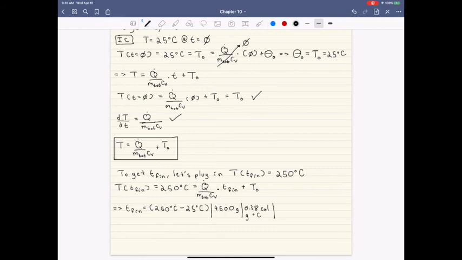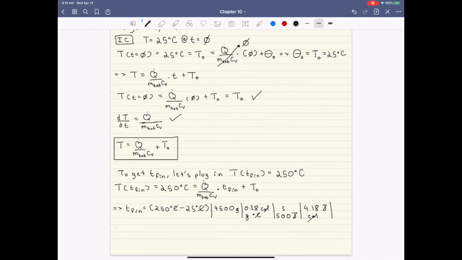And the heat rate as well, which was 500 watts, or otherwise known as 500 joules per second. And then I'll also convert at least the joules per second into calories per second. 4.18 joules per calorie. And so the units cancel: the Celsius cancel out, grams cancel out with the grams, calories cancel out with the calories, and the joules cancel out with the joules.